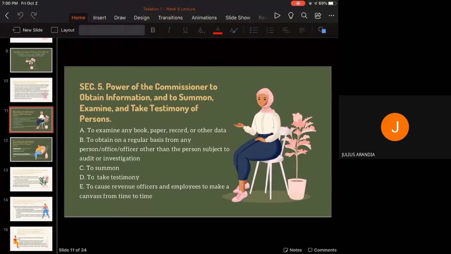So usually the revenue regional director will issue a letter of authority for them to conduct examination and investigation of certain taxpayers.